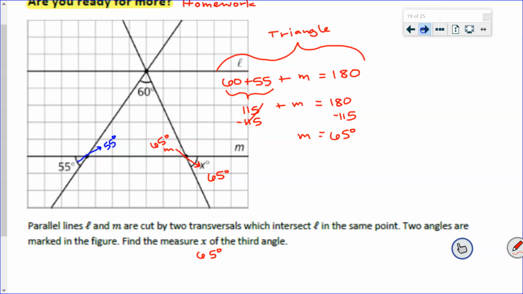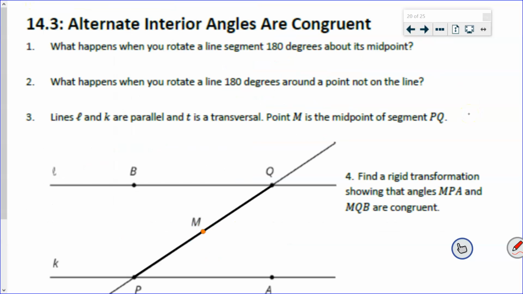Now moving on to our next problem where we're going to address a new property.